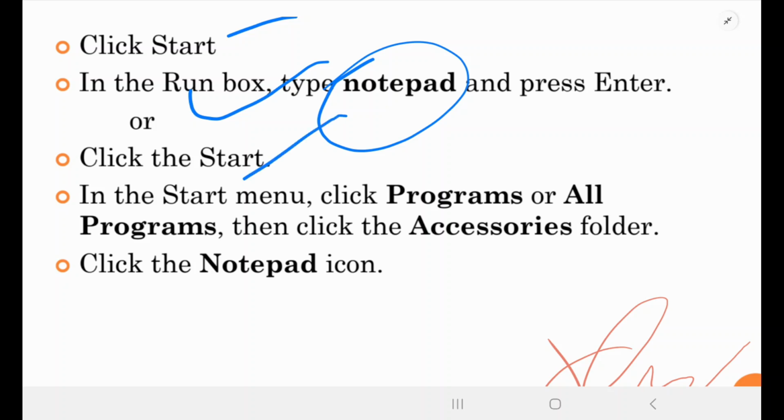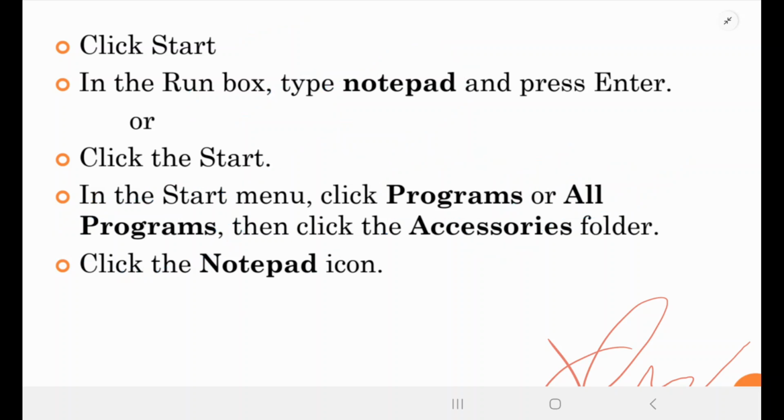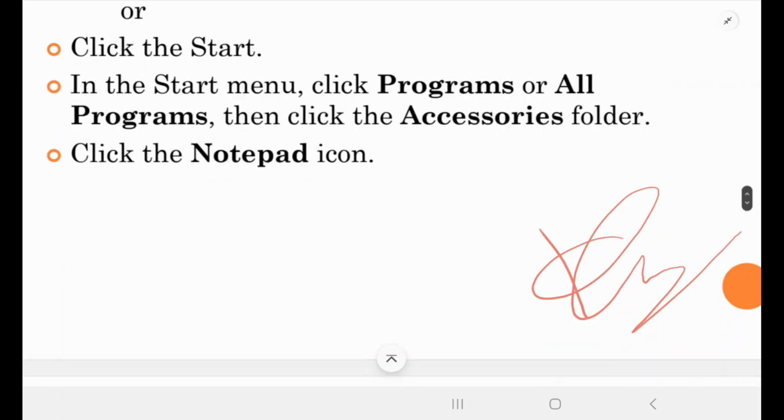Or you can click on the start button, click on programs or all programs. Sometimes in some versions of Windows it's called programs, and sometimes all programs. Click on accessories and click on the Notepad icon. This is the process to open the Notepad application.